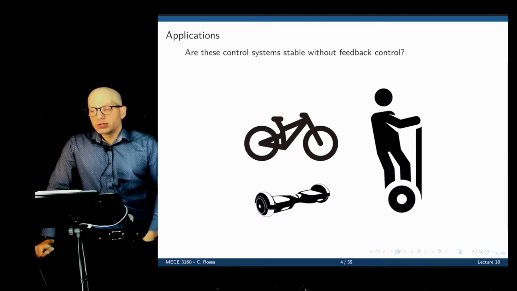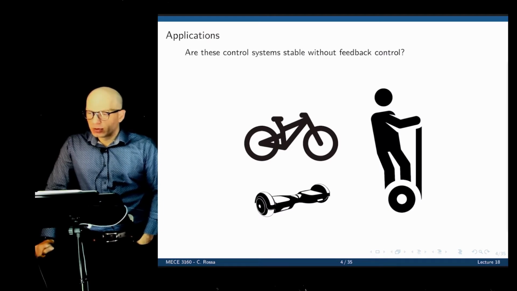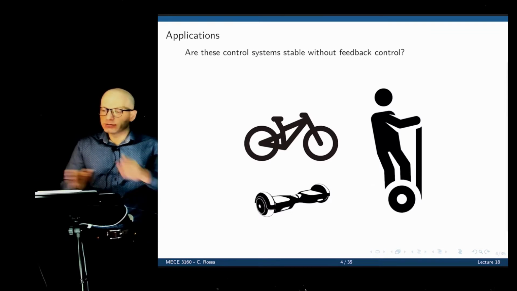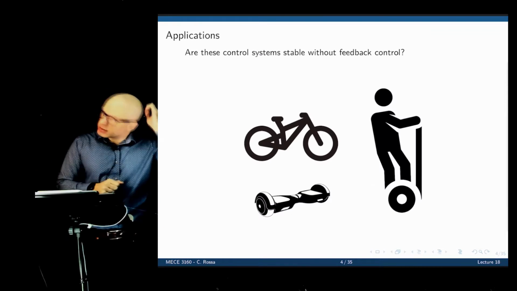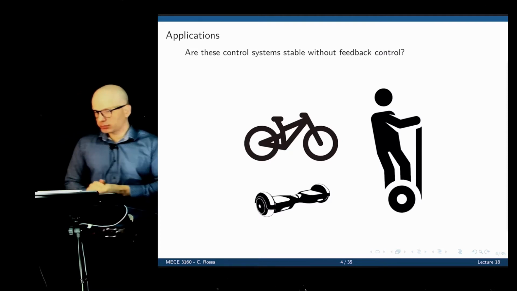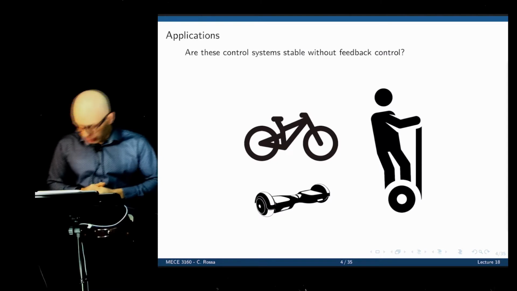Are these systems here, for example, stable without feedback control? Well, none of them are. When you ride a bike, you are actively maintaining balance. You're actively taking some sort of action to maintain balance. And if no action is taken, then a bike is unstable, it will fall. And the same for the other two.